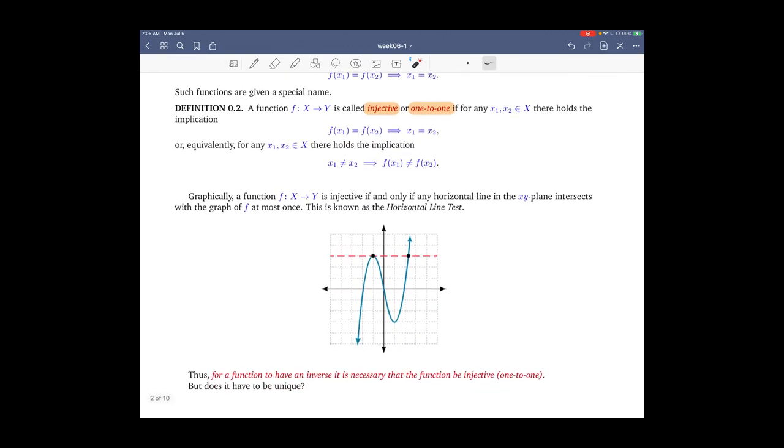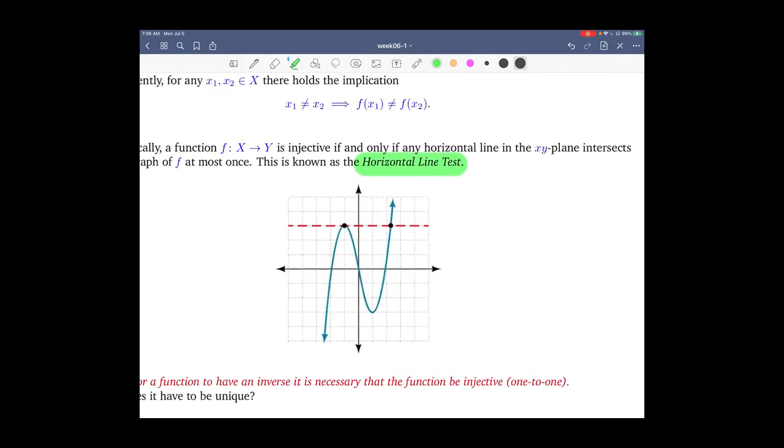Graphically, it means our function passes the horizontal line test, which says that the function is injective if and only if any horizontal line in the xy plane intersects with the graph at most once.